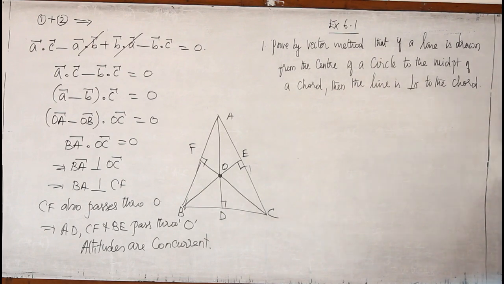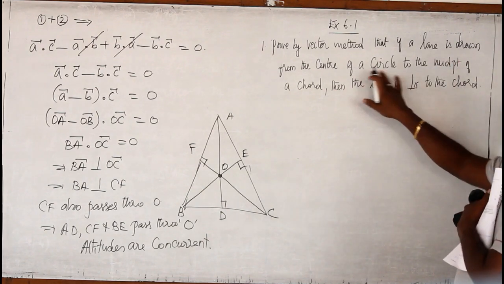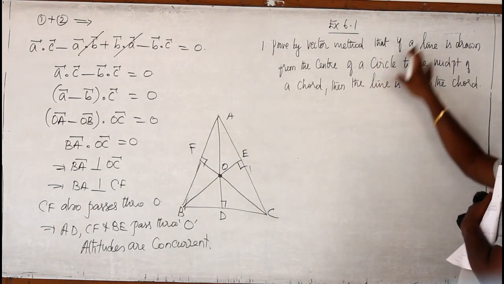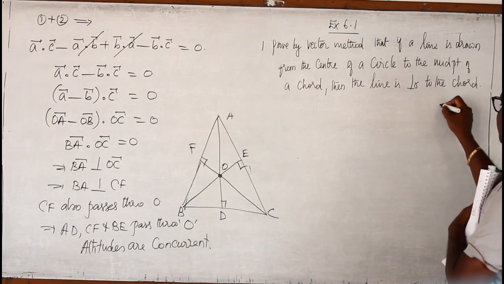So easily you can understand. If I draw a line from the center of the circle to the midpoint of the chord, then the line and the chord are perpendicular.